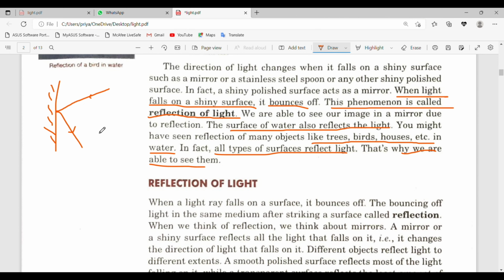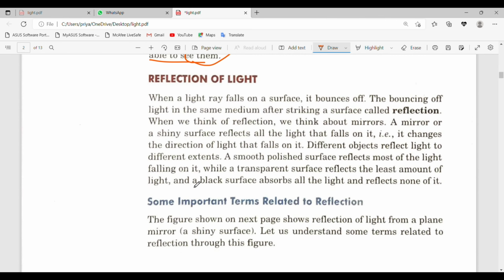If you are holding a pen, the pen also reflects the light. That is why we are able to see it. All the objects reflect light. That is why we are able to see the object. Now, in this topic we are going to study all about reflection.